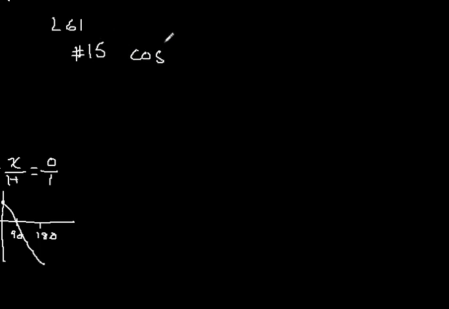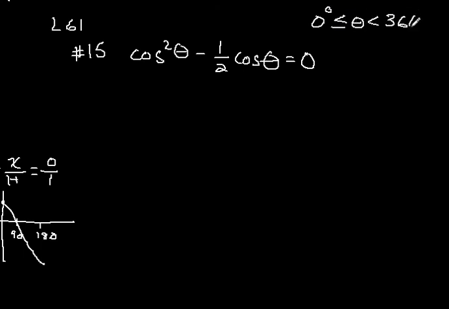Cosine squared theta minus 1/2 cosine theta equals 0. And does it give us a range? Yes, that's the old 0 degrees is less than or equal to theta is less than 360 degrees. So we can factor out a cosine of theta.